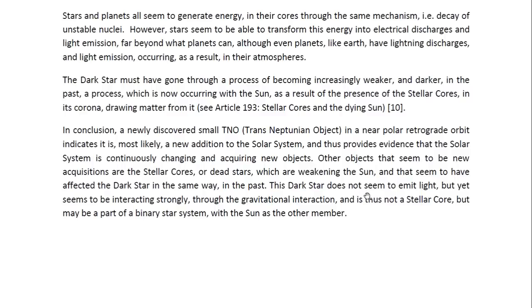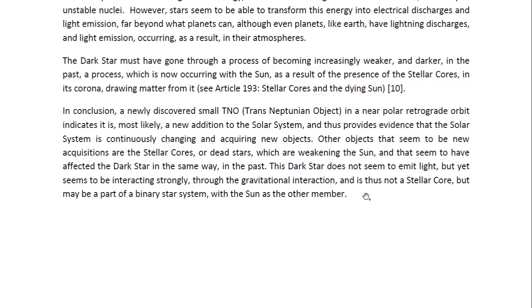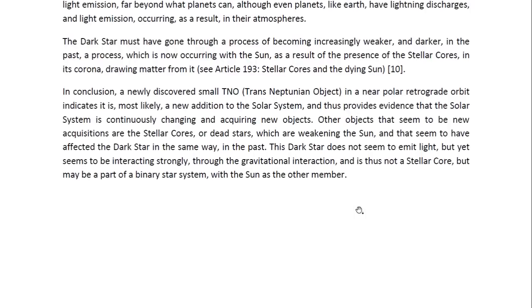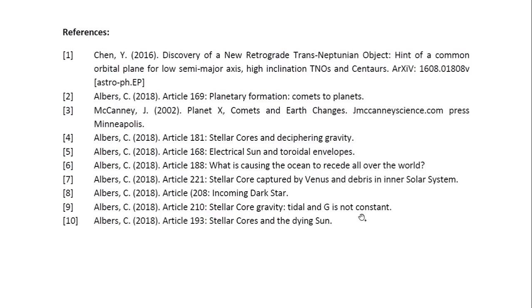Other objects that seem to be new acquisitions are the stellar cores, or dead stars, which are weakening the Sun and that seem to have affected the dark star in the same way in the past. This dark star does not seem to emit light, but yet seems to be interacting strongly through the gravitational interaction, and is thus not a stellar core, but may be a part of a binary star system with the Sun as the other member. And here are the references.